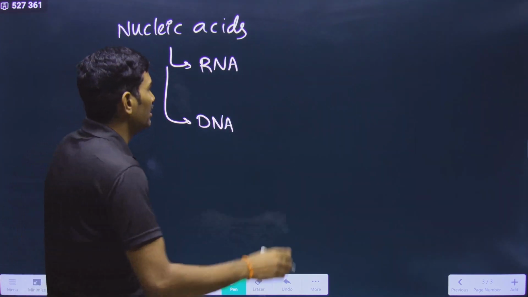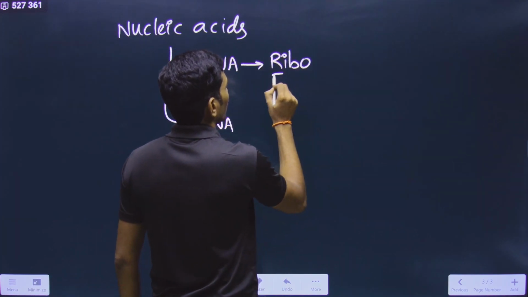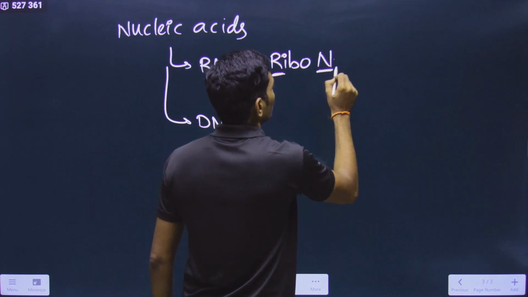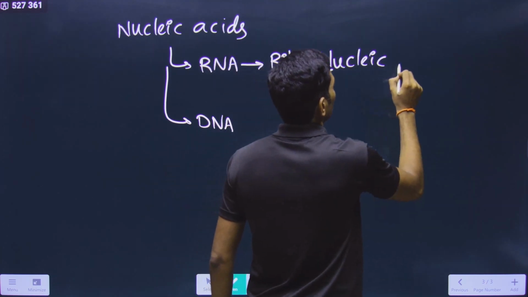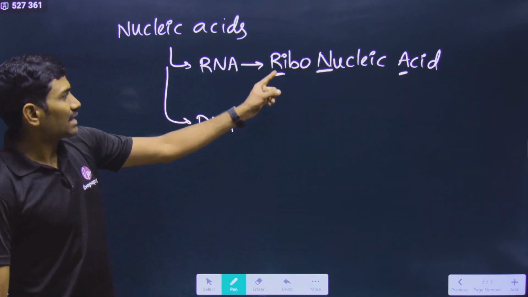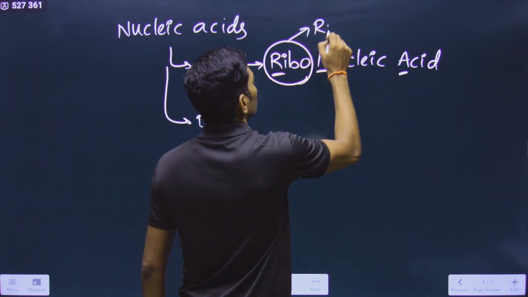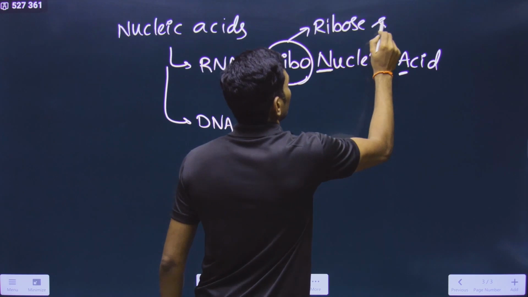You need to know the full names. What is the full name of RNA? RNA is ribonucleic acid. Why is it ribo? Because it has ribose sugar.